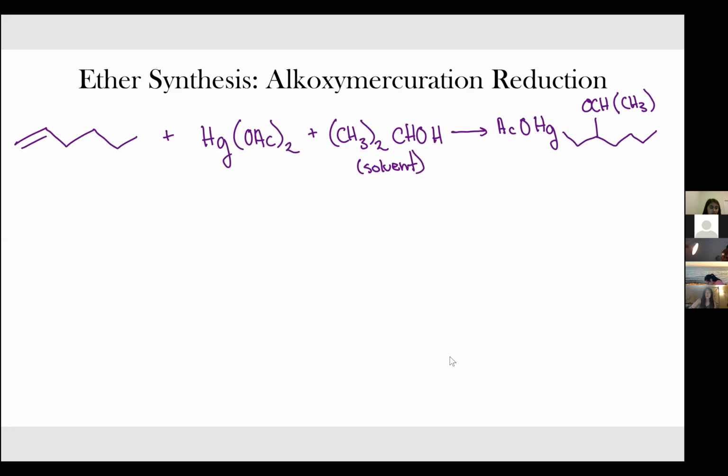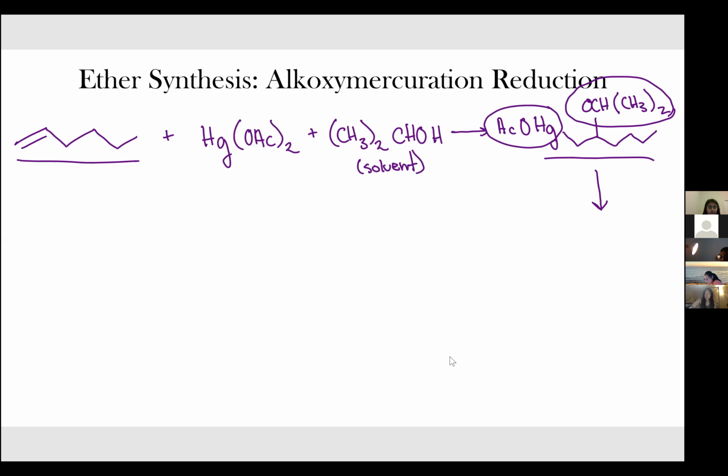And you can see the ether functional group that we've just added into our alkene. We started from this alkene and we got to an ether, but we're not done yet, right? We want to get rid of this mercury product. It's not useful to us.